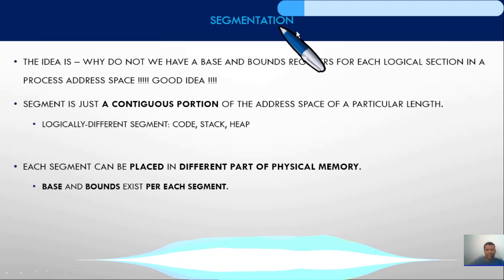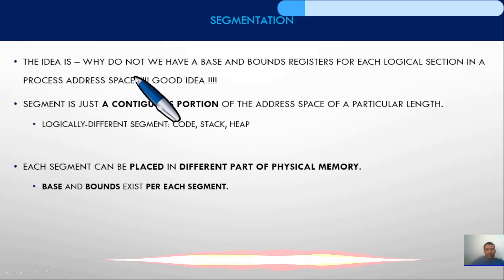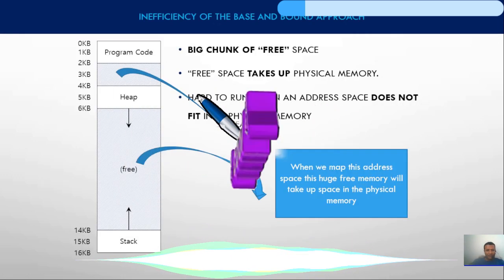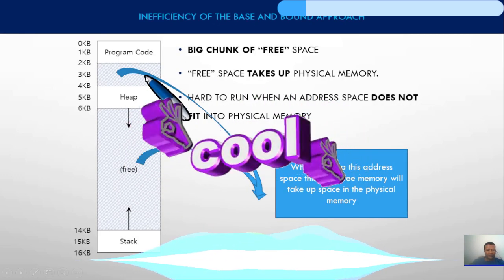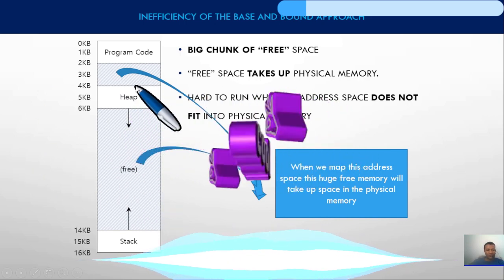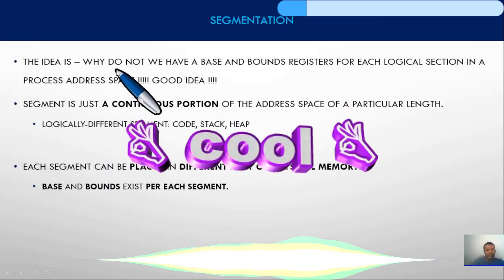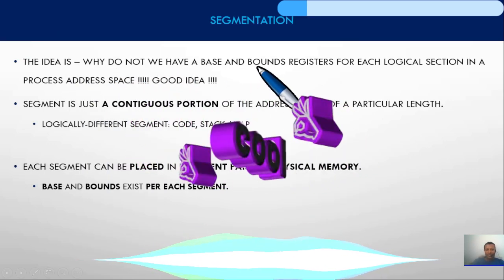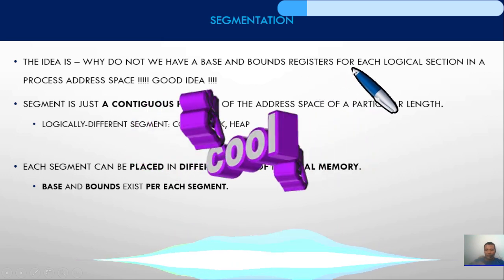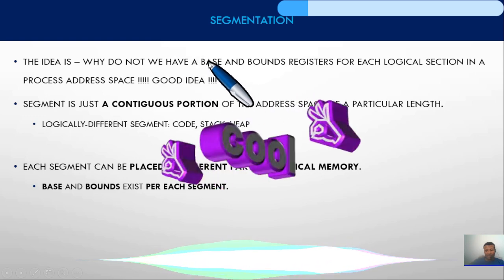So what is segmentation? As we have seen here, we have a lot of free space. When we transfer this address space into physical memory, this free space will take up room in the physical memory. So the idea is: why don't we have a base and bound register for each logical section in the process address space? This is a good idea.